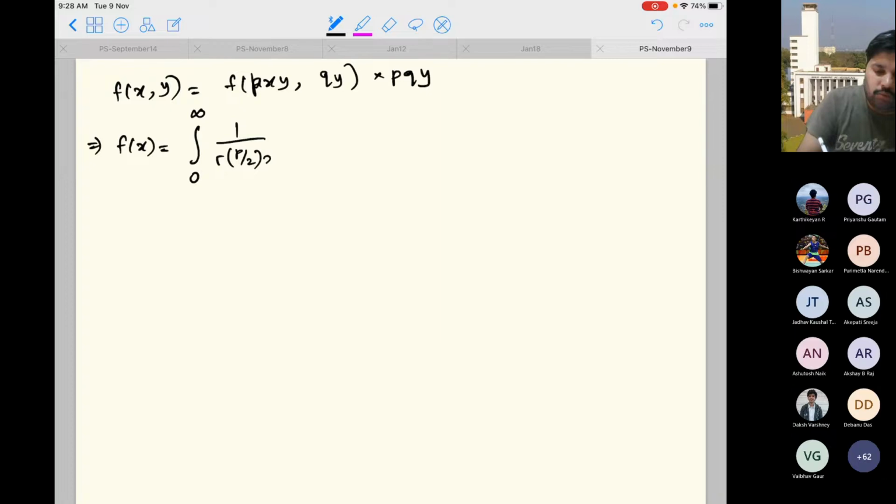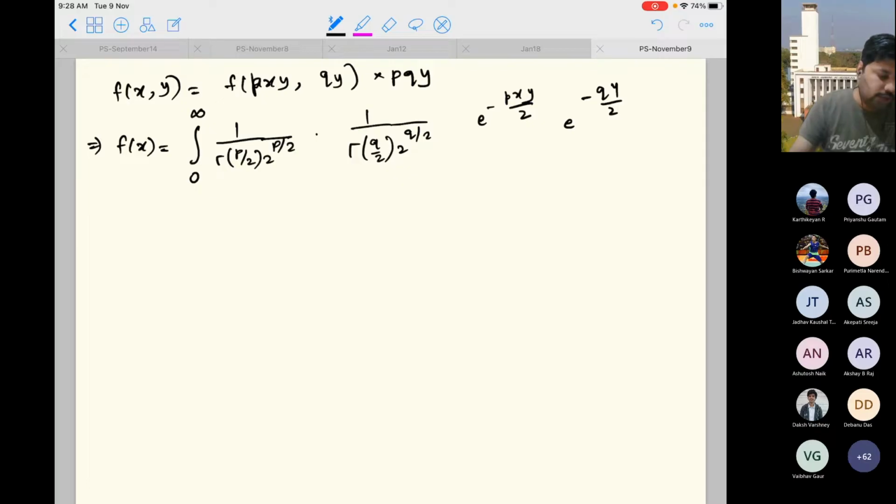So this I'll just write down now. Gamma p by 2 to the power p by 2. Once again, you will see that this is nothing, only the expressions are cumbersome. Once you are through it, there is no difficulty, right? So I am writing some terms together: gamma q by 2 to the power q by 2. Then I have e to the power minus pxy by 2 into e to the power minus qy by 2.